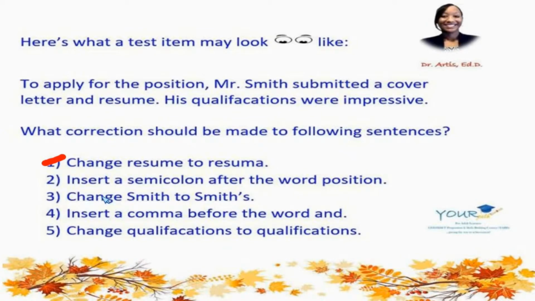So now when we look at option number 2, we have insert a semicolon after the word position. When we come to our sentence and we see the word position here, we see a comma following the word position. Here we have to apply for the position, which is an introductory prepositional phrase.